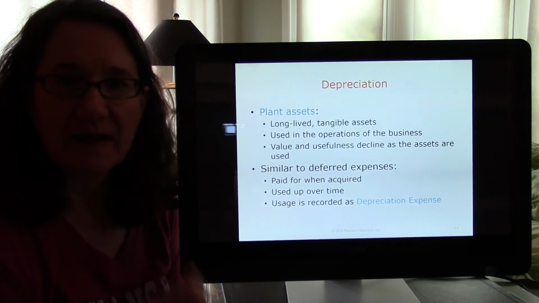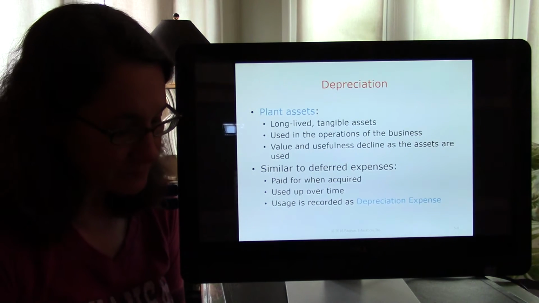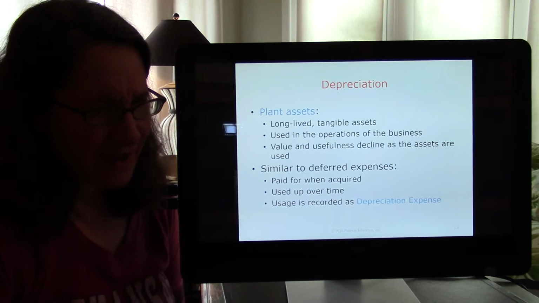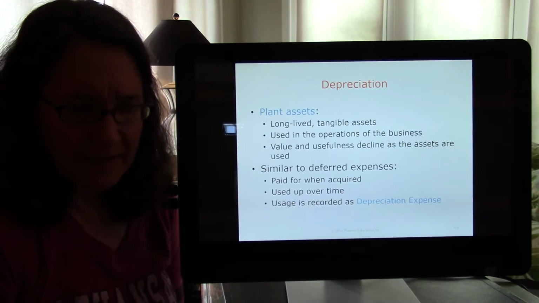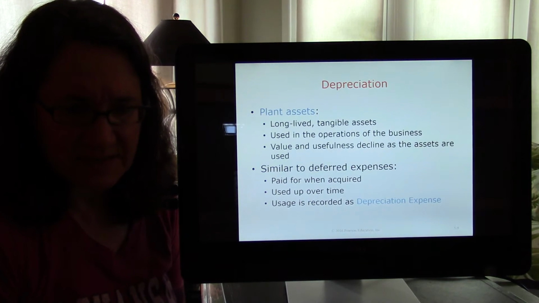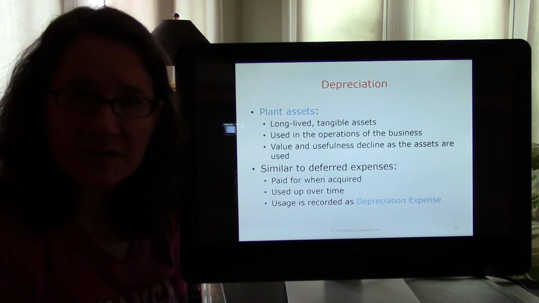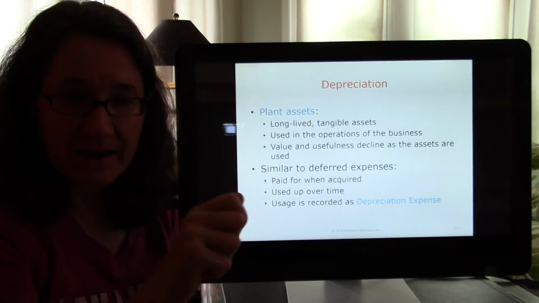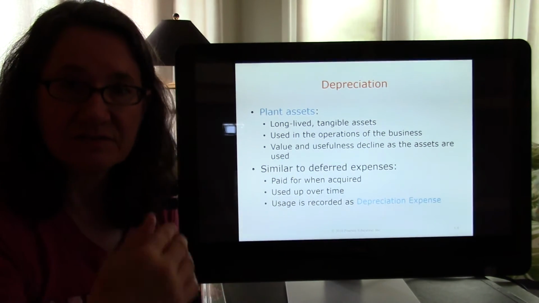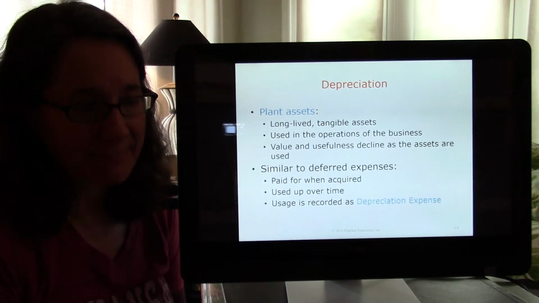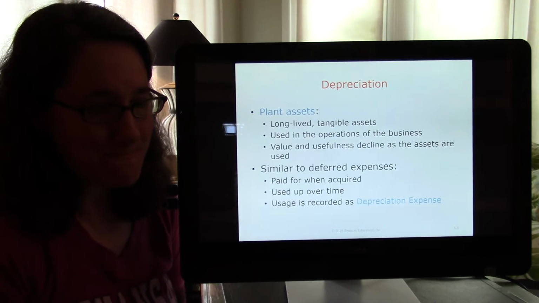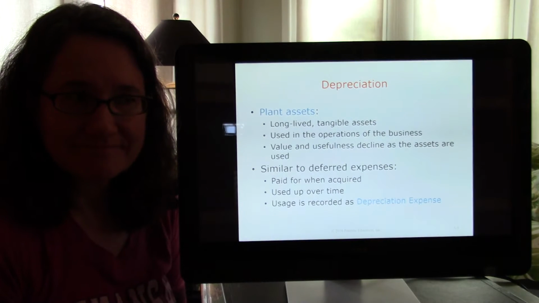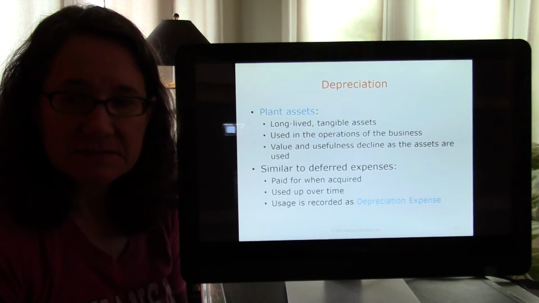Long-lived tangible assets, right? All right, so obviously when you buy them, you put them down on your books as an asset, right? You pay $1 million for a building, so you know, asset building, debit, asset cash, credit, right? Because you've paid for it, right? So you put that building on the books, but it's an asset.